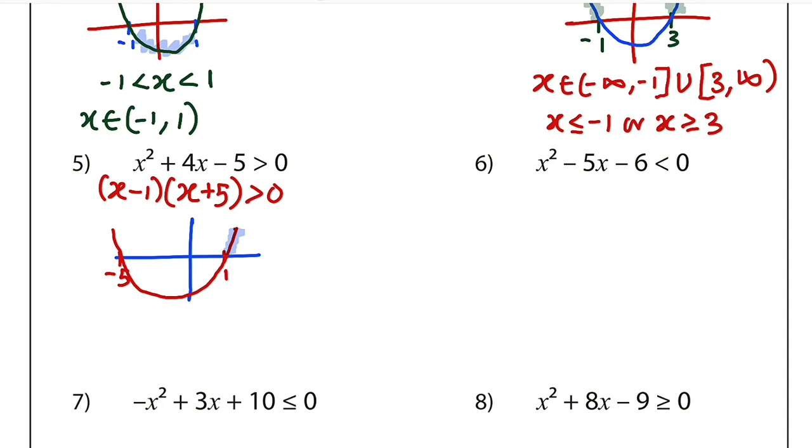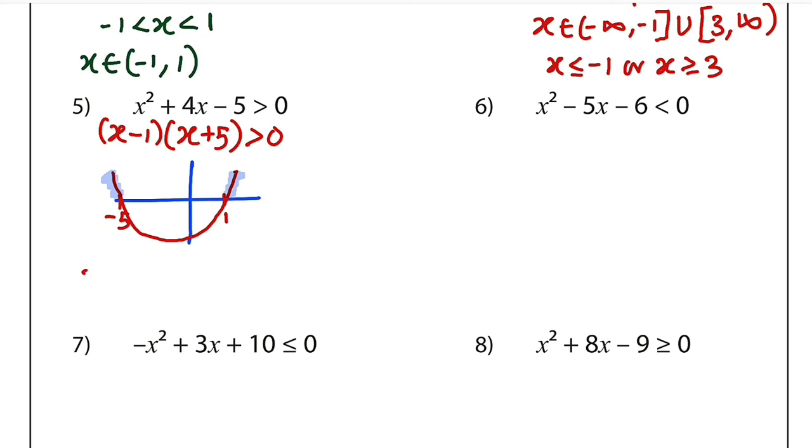Since it is greater than type, we should expect our solution to be from -infinity down to -5 and from 1 down to +infinity. So we have x belongs to the set of values from -infinity way down to -5 union from 1 down to +infinity, excluding -5 and +1.